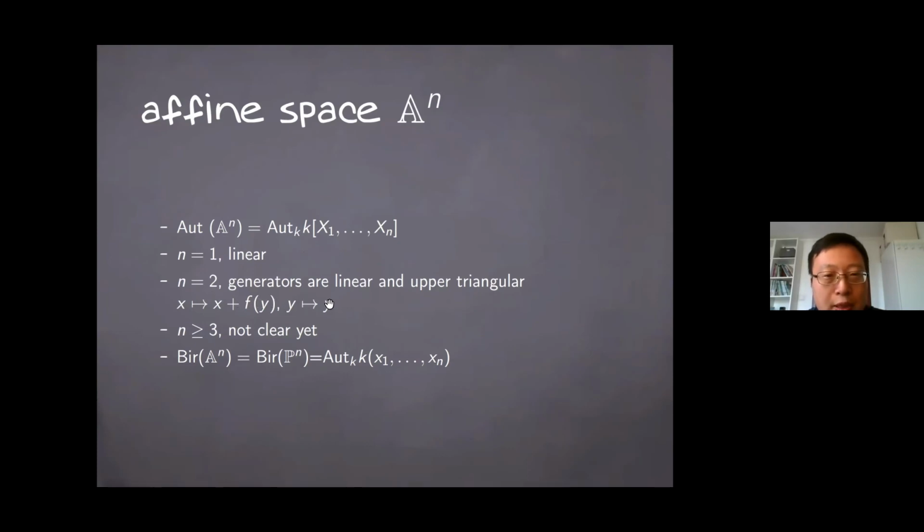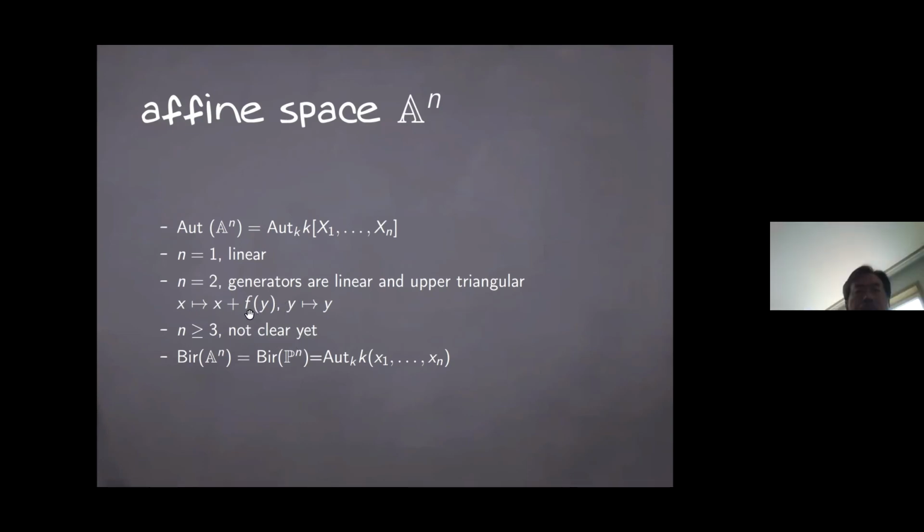The generators are linear, meaning they belong to GL2(K), composed with the so-called upper triangular automorphisms. That's x maps to x plus f(y), where f(y) is a polynomial in y, and y maps to itself. For n greater or equal to 3, the generators are not clear so far.